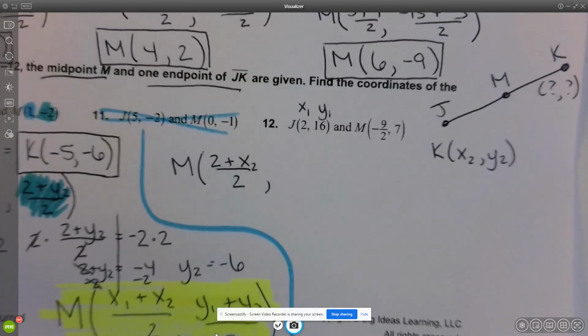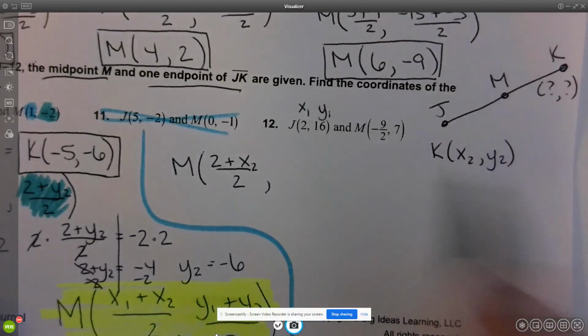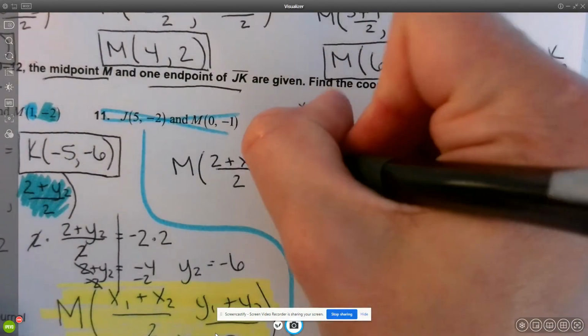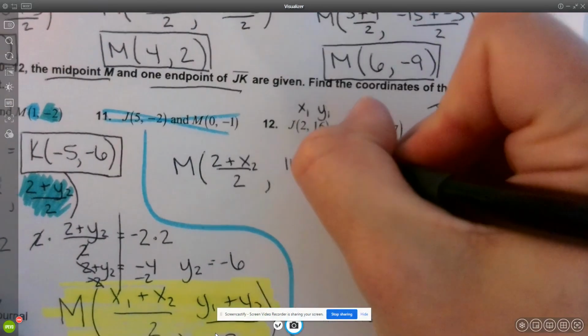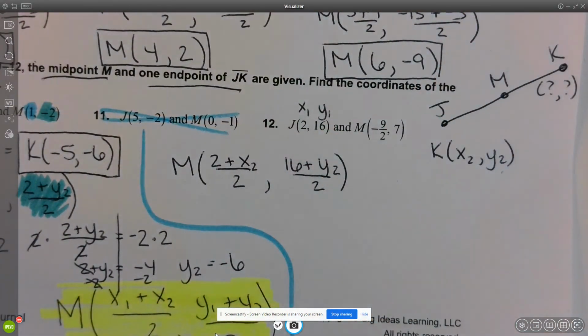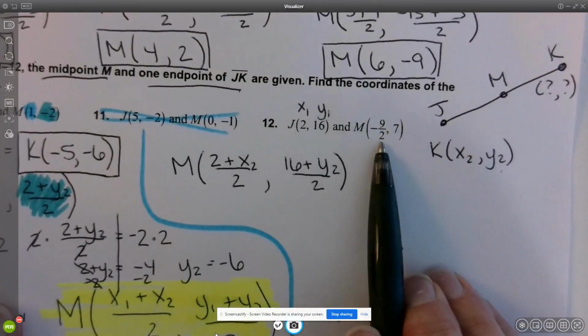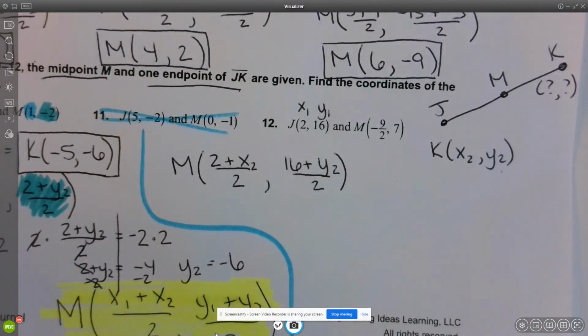And the y-coordinate of my midpoint is when I take y1, which is 16, add it to y2, which I don't know yet, and divide it by 2. Now I'm able to set up an equation because I do know what the x and y coordinates of the midpoint are.